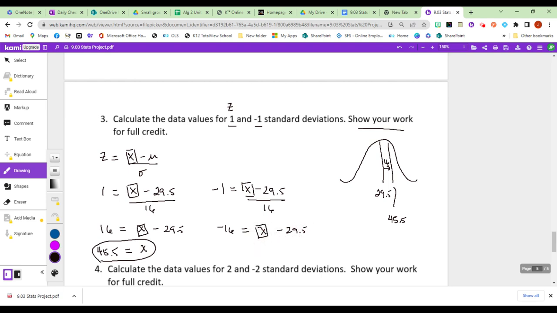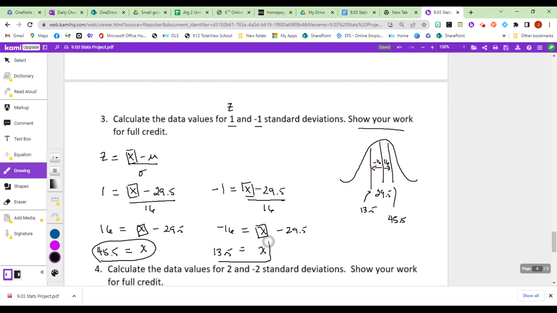Solving for x, we're going to add 29.5 to both sides. And that's going to give me a data point of 13.5. So same thing, if you go to the left to -1, you would subtract 16, and 29.5 minus 16 would give you that 13.5 right there.